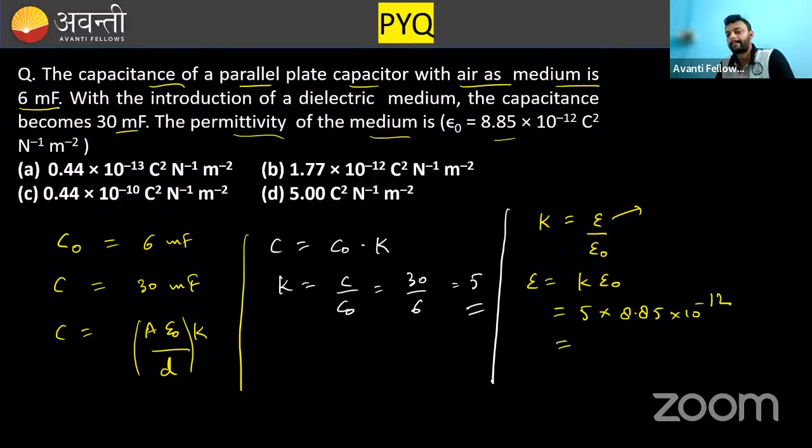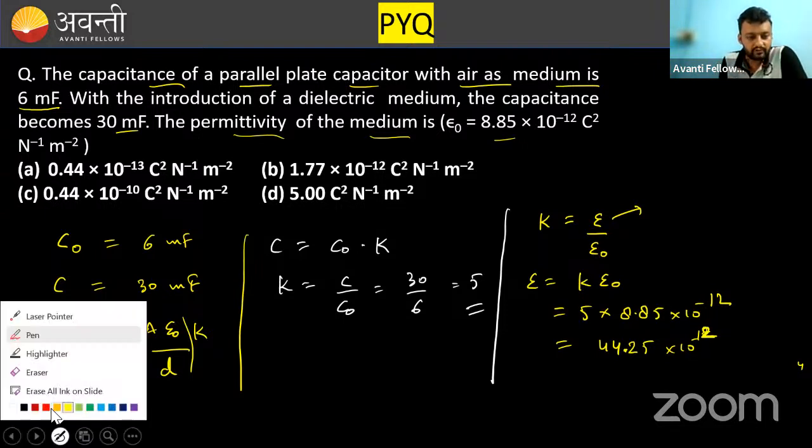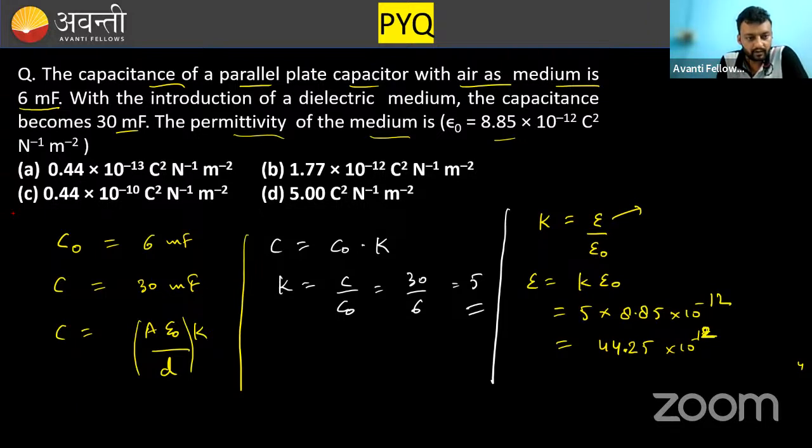Can you multiply this? 5 times 5 is 25. That is 44.25 into 10 raised to the power minus 12. So out of this, which option is going to be correct? I think option C is correct. We can shift the decimal by 2 places. Very good, Veena.